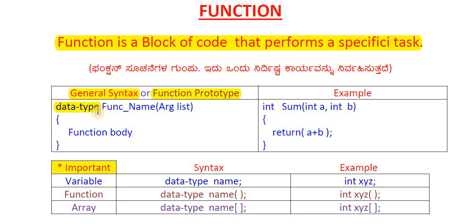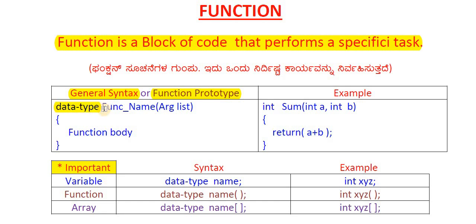For example, if the function is going to return an integer number, then the data type will be int. And if the function is returning output as a decimal number, then the return type will be float, like this.